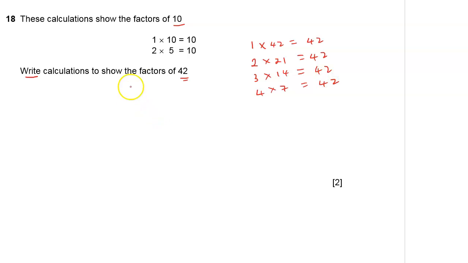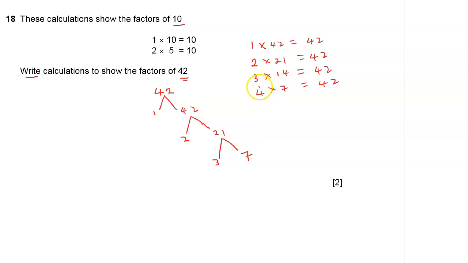How do you get these factors? To get these factors, you can just go this way. 42 divided by 1 gives us 42. 42 divided by 2 gives us 21. 21 divided by 3 gives us 7.